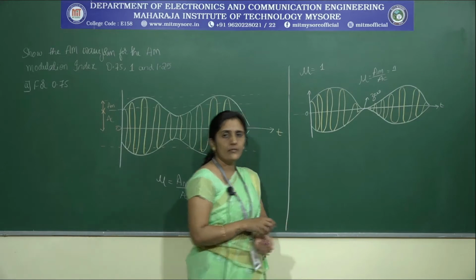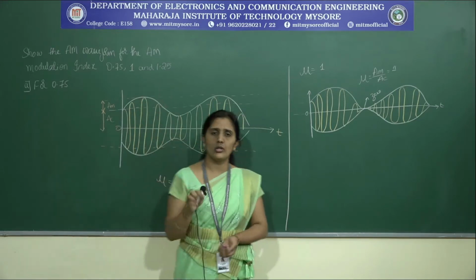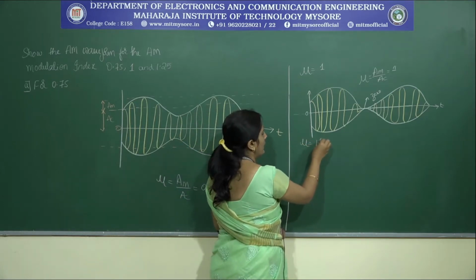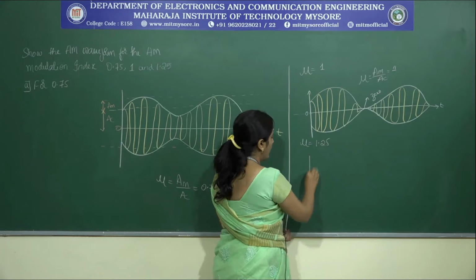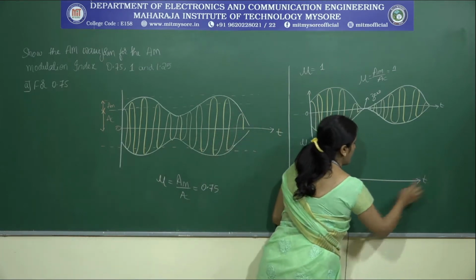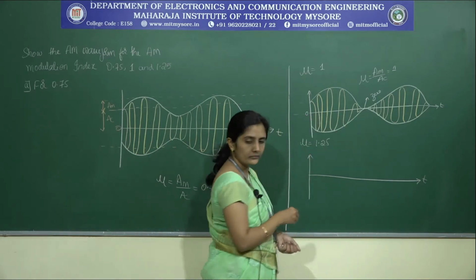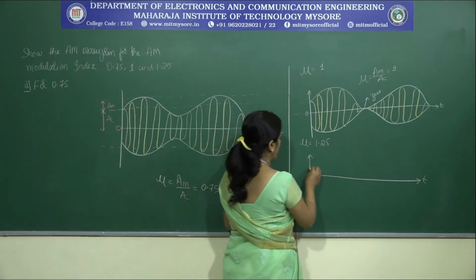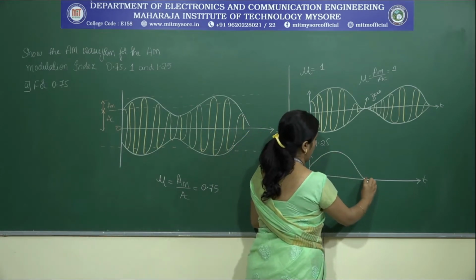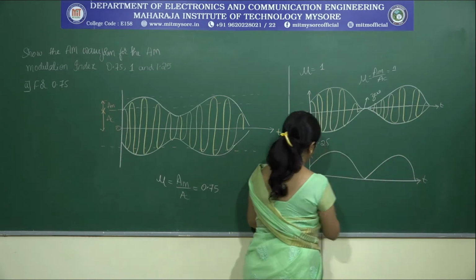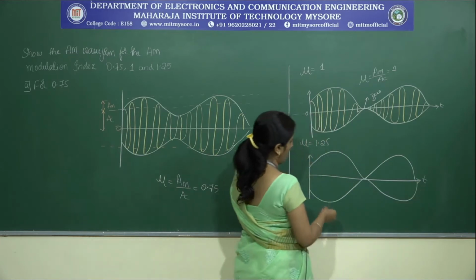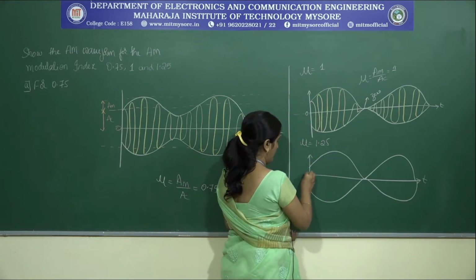Now let us see the third one, that is when modulation index is equal to 1.25. When modulation index is equal to 1.25, we can draw the waveform like this. Consider this as T. Okay, so this is 0.